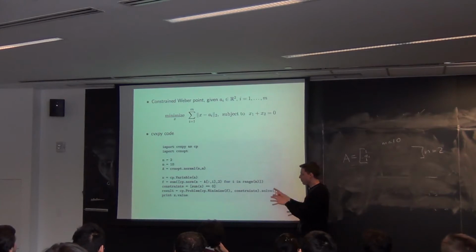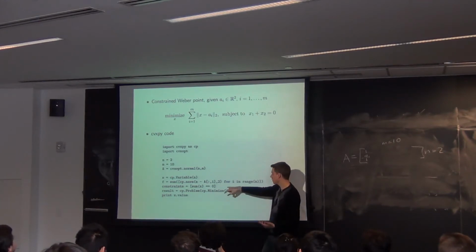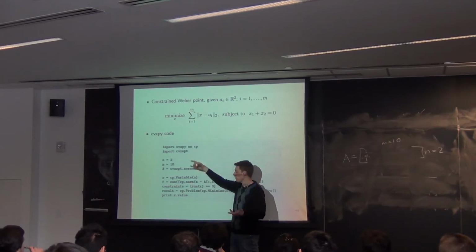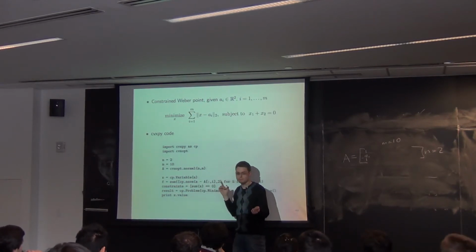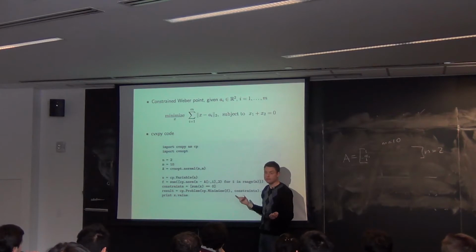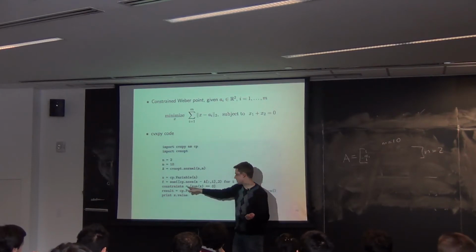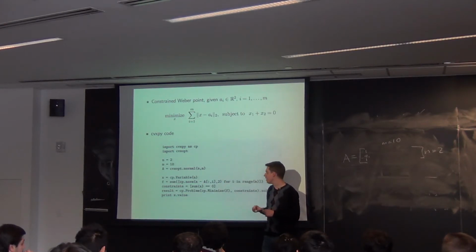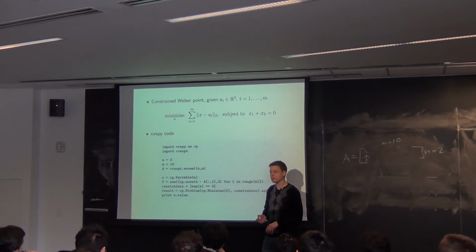But it's really pretty intuitive. You just take all these things, you use a norm, that's exactly what you're minimizing there, and you form the sum of them. Similarly, the constraints are also pretty easy. The constraint is just the fact that the sum of the individual elements in x equals 0. Also very easy.